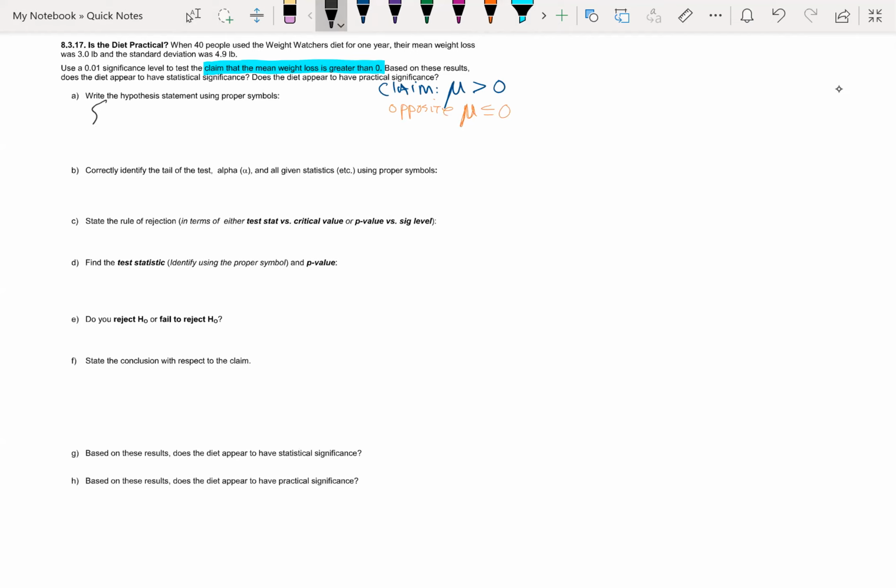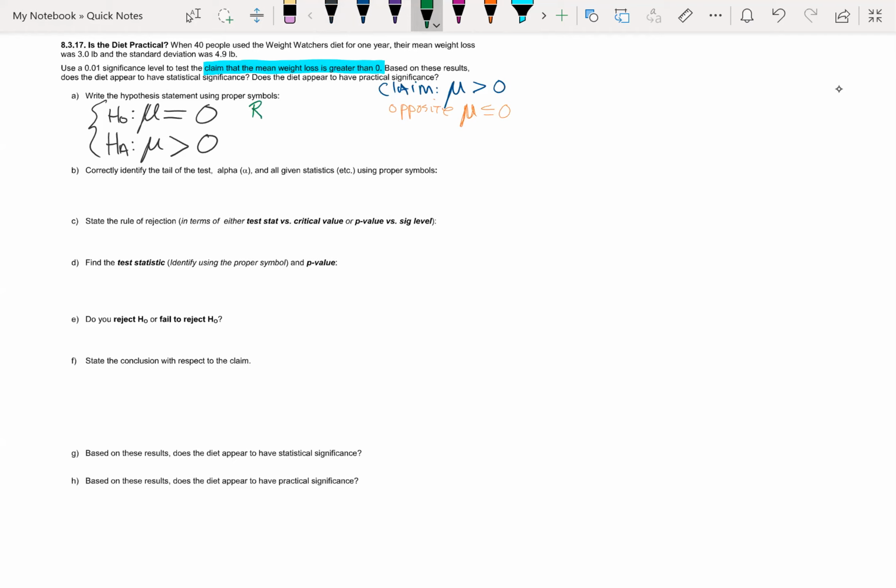And we can take that to write our hypothesis statement, our null hypothesis and our alternate hypothesis. Both involve the mean, both involve 0. In the null, it is the equal case, because it's always the equal case between the parameter and the number in the null hypothesis, and it's always the strict inequality in the alternate.